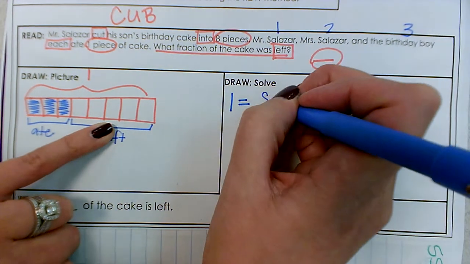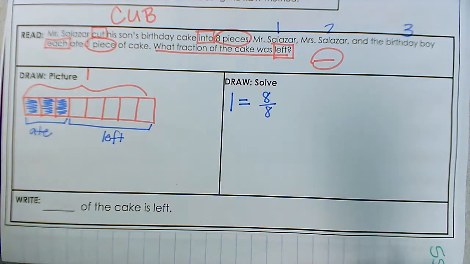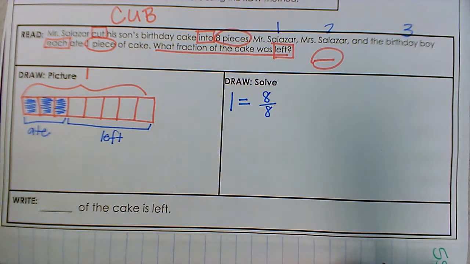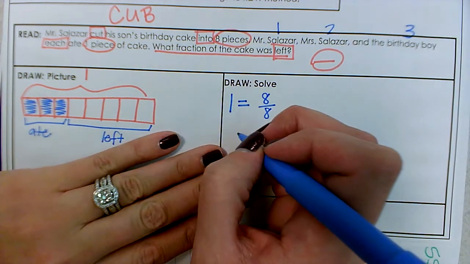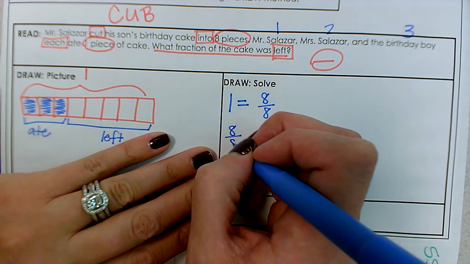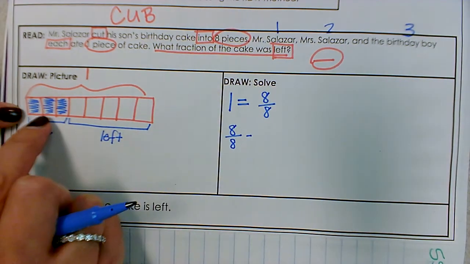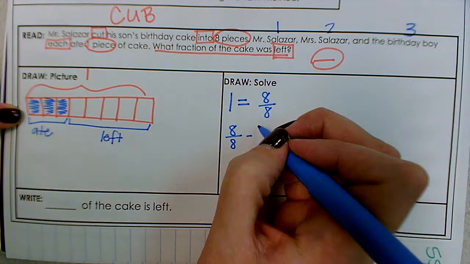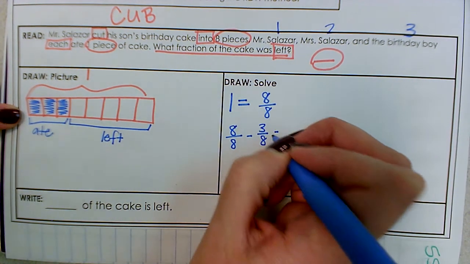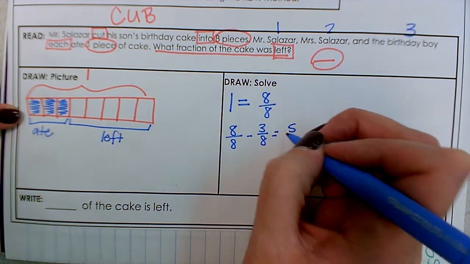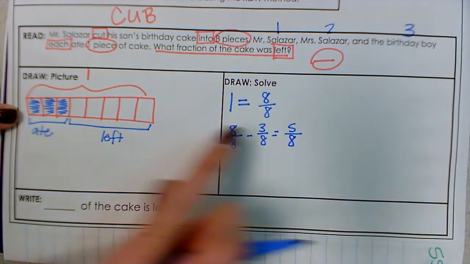My 1 whole is 8/8 because I had 8 pieces of my cake. And I'm going to subtract, so I'm going to rewrite 8/8 minus 3/8 equals, here's what's left, and we'll see if it matches our picture, 5/8.